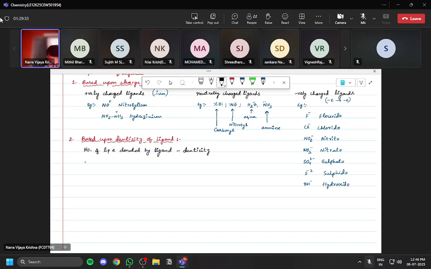Monodentate ligands donate one lone pair of electrons.